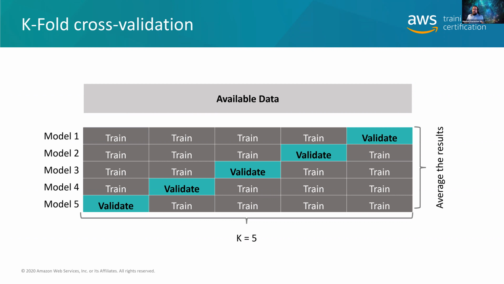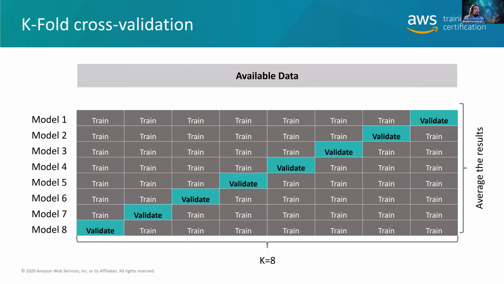This is a way of training, and it's particularly good when your data sets are small. And Dakota, I'm going to answer that in just a second. By the way, this is an 8-fold validation, right?